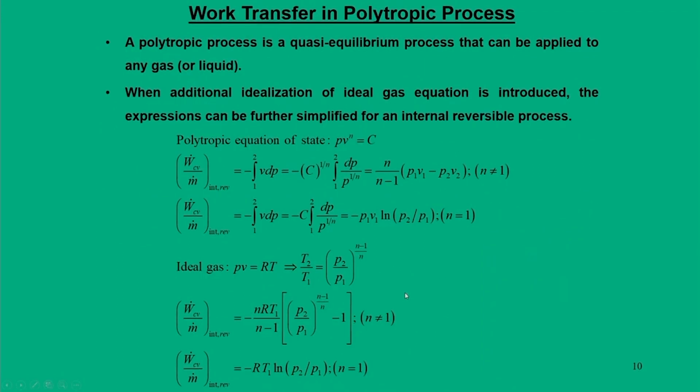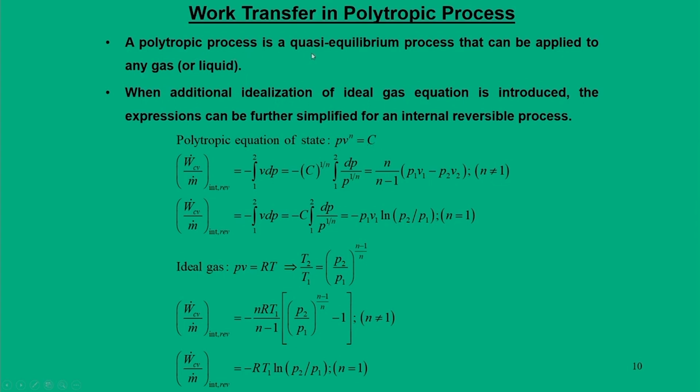Now, the last segment of this is the polytropic process. Basically, we have an equation of state for a polytropic process as Pv to the power n is equal to constant.